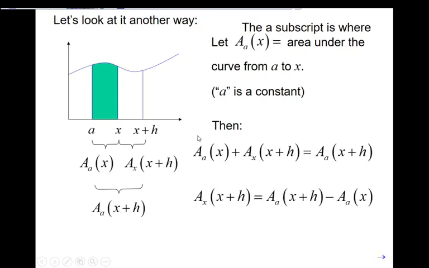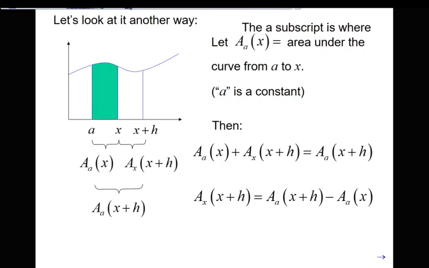That also means, by doing a little algebra, if we subtract this part from both sides, the area from a to x, that means that this piece right here is equal to the total minus this piece. This right here, again, part 2, is equal to the total minus area 1.